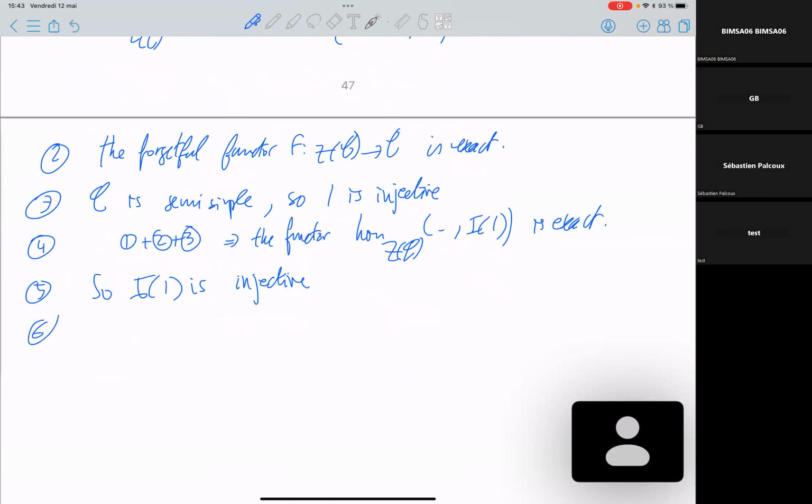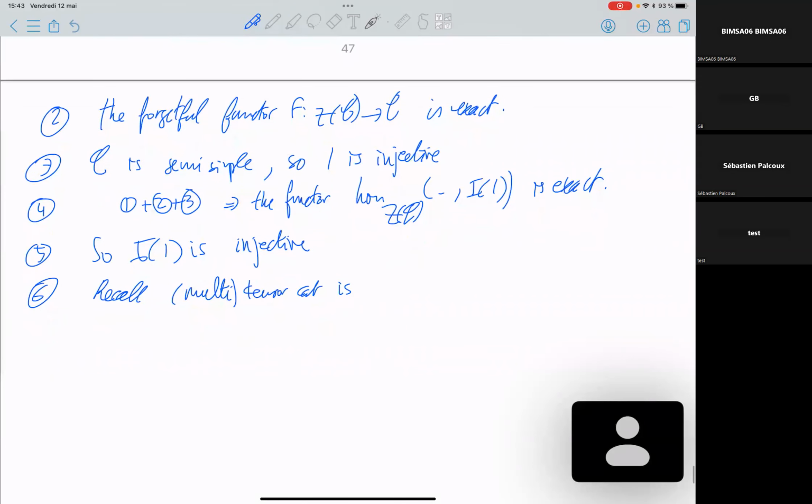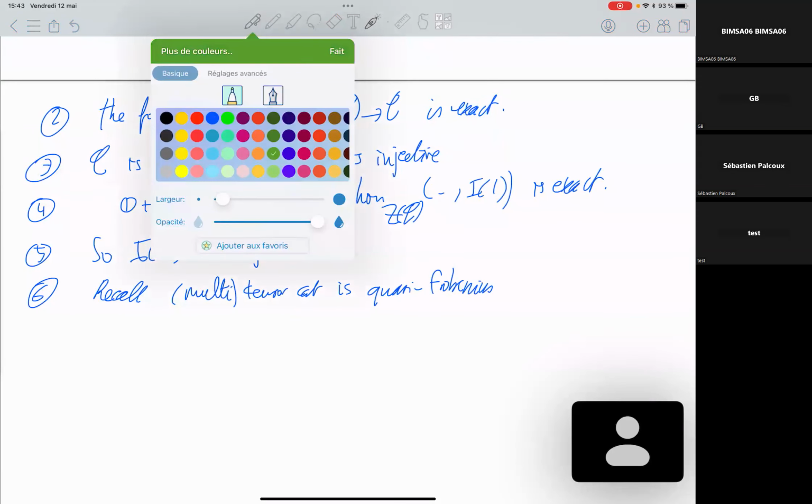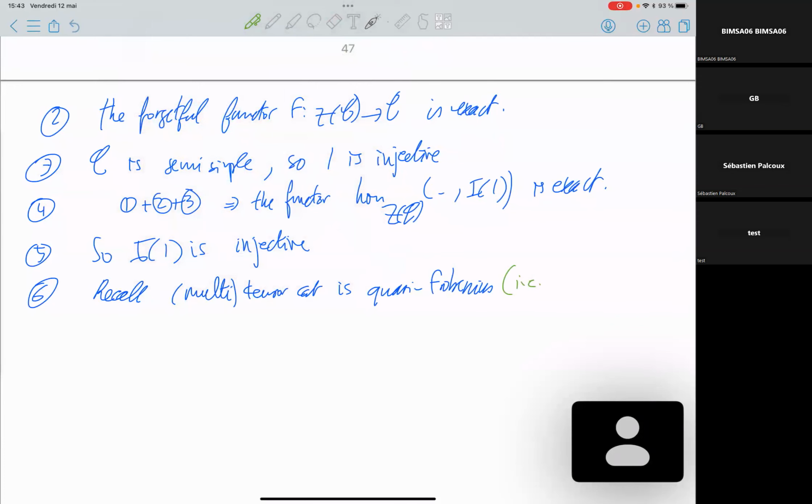Now recall that a multi-tensor category is called quasi-Frobenius, which means that injective is equivalent to projective for objects in the category.